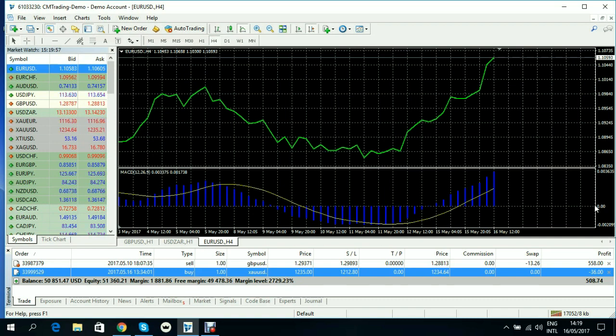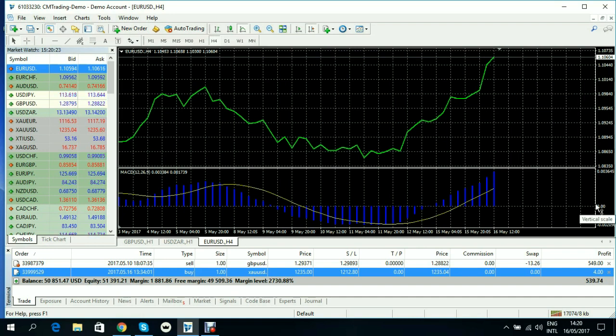So let's try to follow this simple setup of MACD. To use MACD as an entry point, you need to take note of these simple things or instructions.